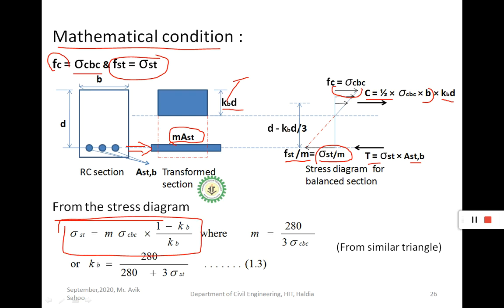Suppose this is the triangle, so I draw the triangles here. You know this ordinate is sigma st by m, and this ordinate is sigma cbc. Now the depth from the neutral axis we know, and again the depth of this we know. So from the similar triangle we get the relation.